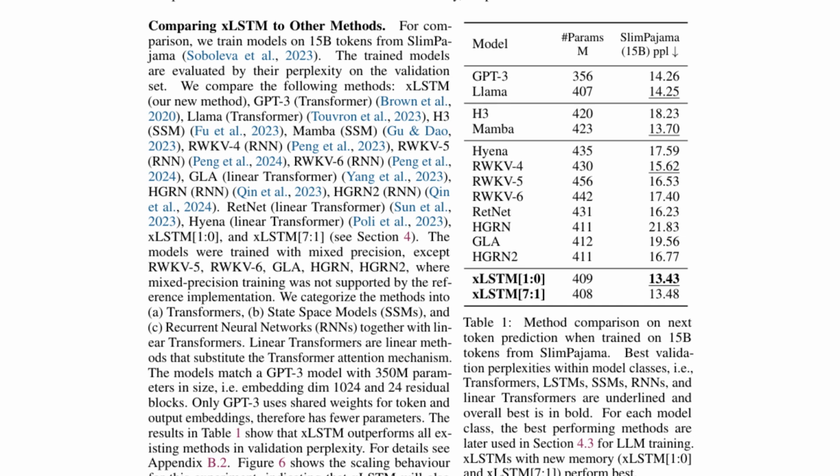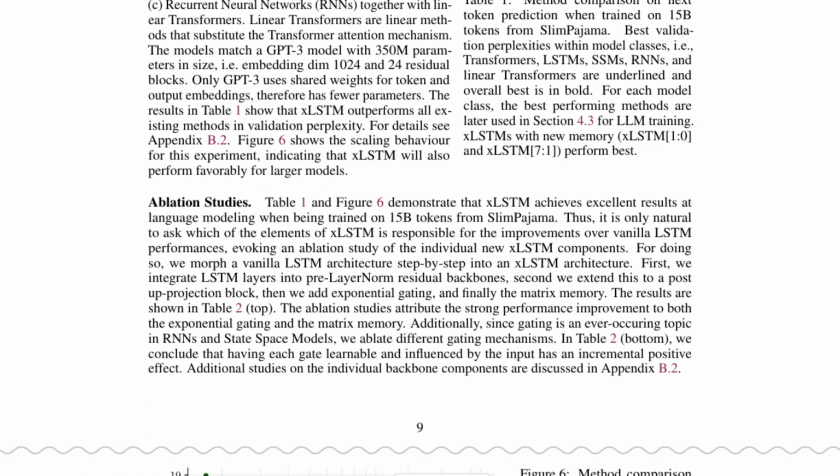The models were trained with mixed precision except RWKV5, RWKV6, GLA, HGRN2, where mixed precision training was not supported by the reference implementation. We categorize the models into transformers, state space models, and recurrent neural networks, together with linear transformers. Linear transformers are linear methods that substitute the transformer attention mechanism.